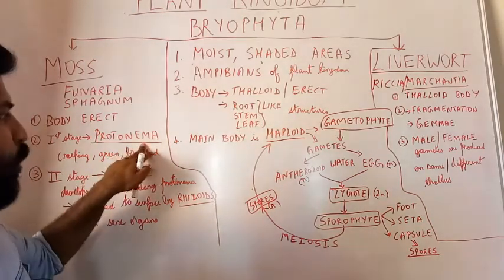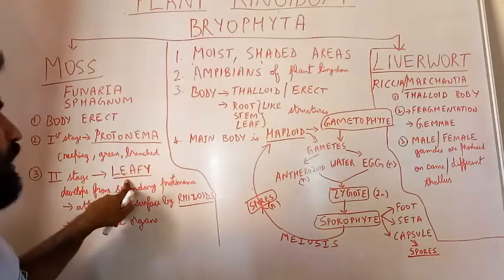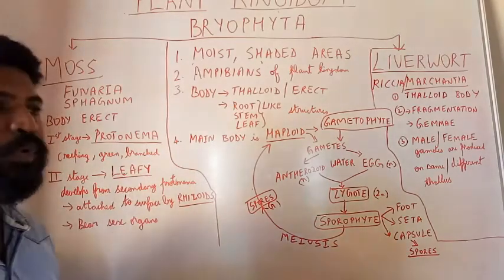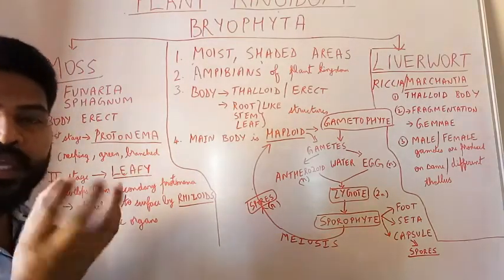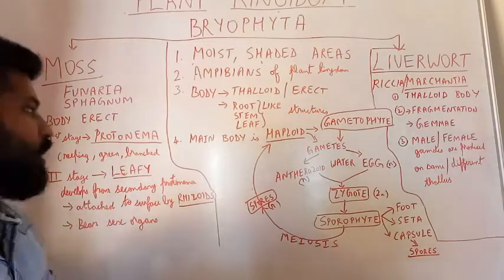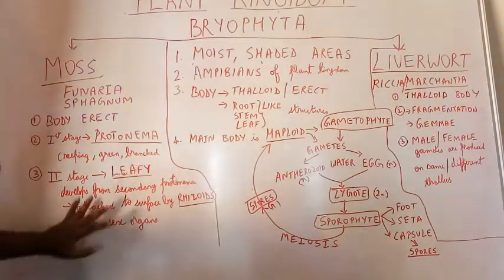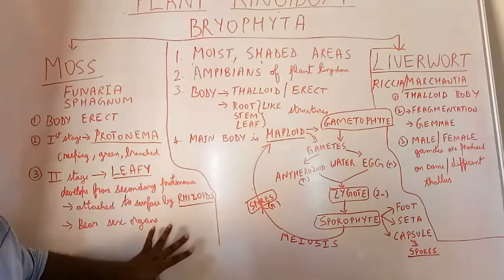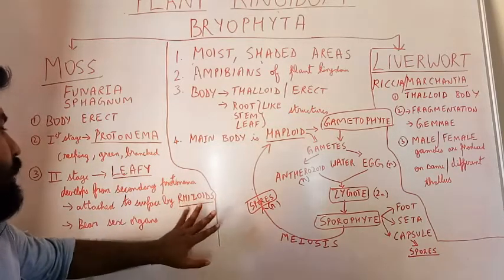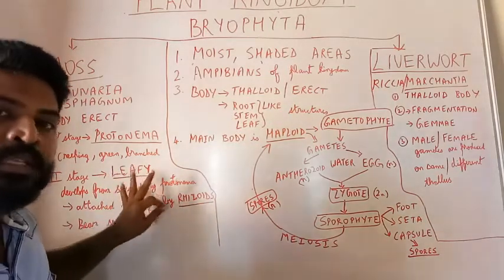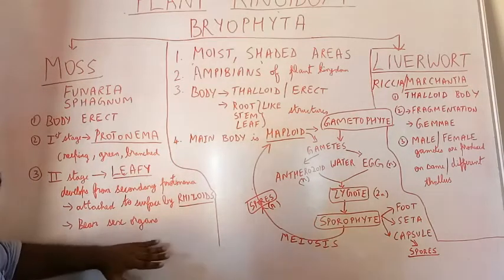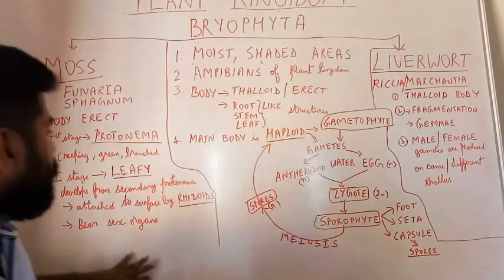The primary stage is the protonema stage, the secondary stage is the leafy moss stage. They produce spiral, rosette-like leafy structures, attached to the substratum with the help of rhizoids, and this leafy moss stage produces the sex organs.